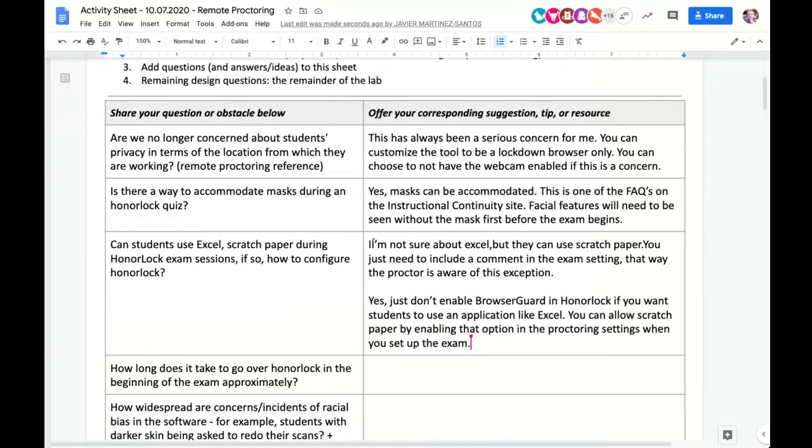I also want to jump in really quick about the UW-Madison Reddit. This is not me disqualifying student concerns at all. Students are rightfully concerned about their privacy and protecting it. But if you do a deep dive into what students are saying about Honorlock on Reddit, please keep in mind that a lot of what they're saying is inaccurate.